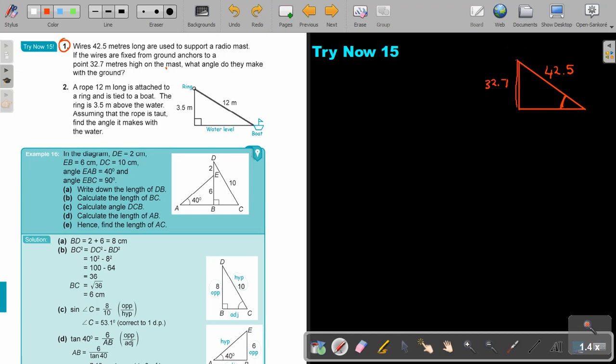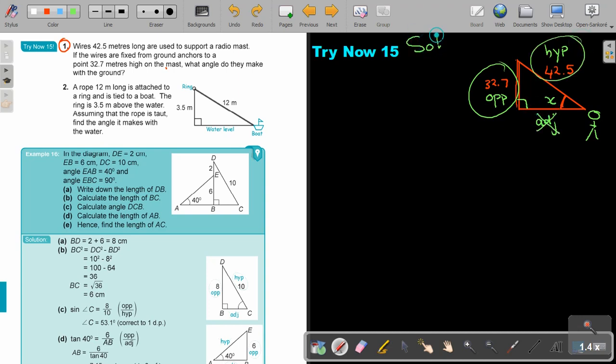So now I'm looking for this angle, which I can call X. This is opposite, the one over the 90, because the mast will be at 90 degrees to the ground. So that's the hypotenuse, and that will be the adjacent. Now, this is opposite, hypotenuse, and adjacent is out.